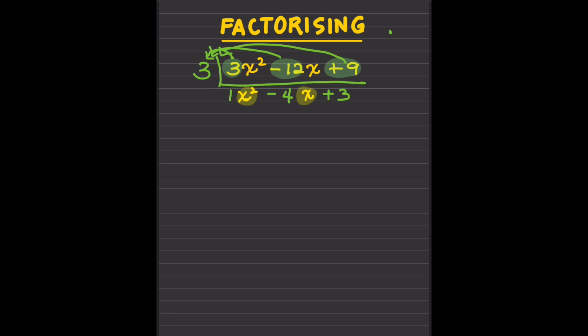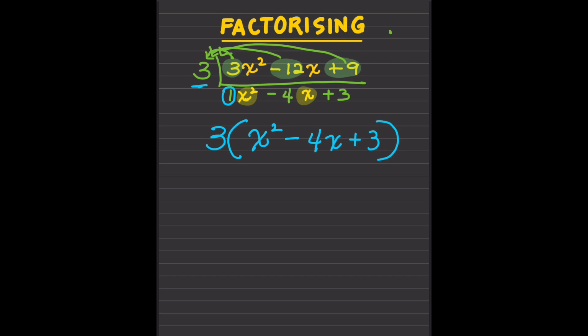So what is the factorized form? It's going to be, okay, remember, this is the common factor, 3 and x squared minus 4x plus 3. Okay? Because why did I write 1? Because if the coefficient is 1, you don't need to write.